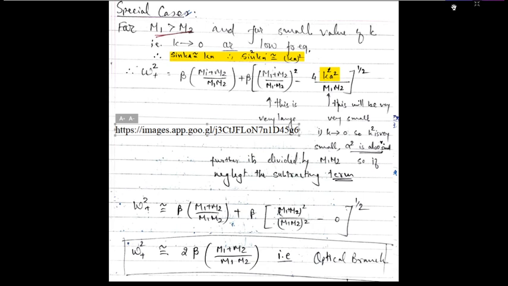Therefore this band is referred to as the forbidden gap or forbidden band, which lies between under root of twice beta upon m2 and under root of twice beta upon m1, that we have seen in the last lecture.